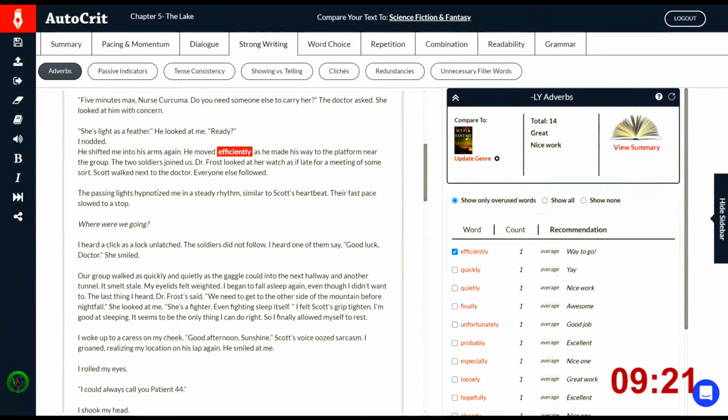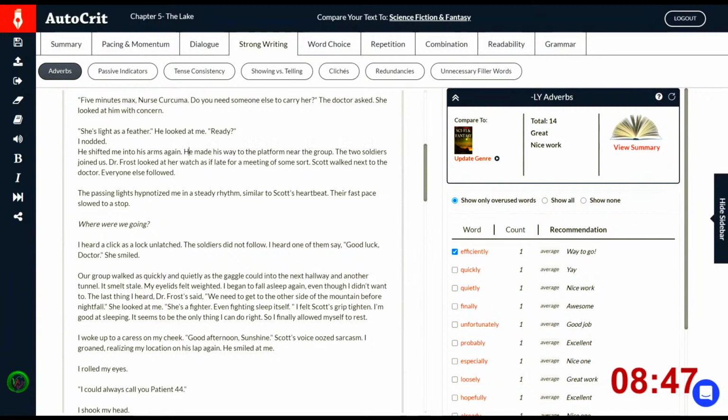You could say something along the lines of, if you wanted to keep it, "I was impressed by his efficient moves." But "he moved efficiently as he made his way to the platform near the group" — if we're getting rid of efficiently, you would just say he made his way to the platform near the group.